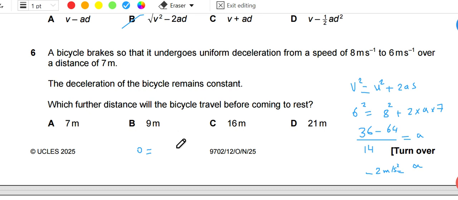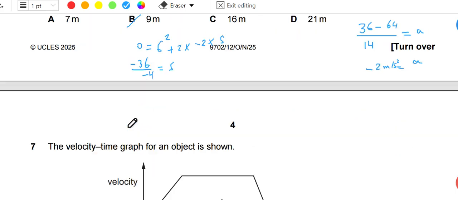Initial velocity is what we have reached, again plus 2 times minus 2, the deceleration, times the distance s. Here we have 36 over minus 4 equal to s, and s is 9.